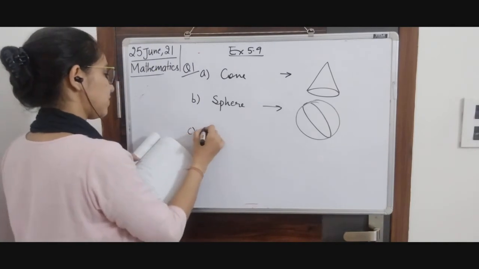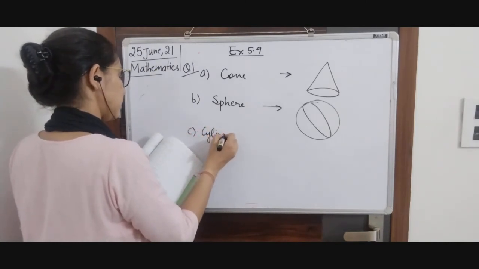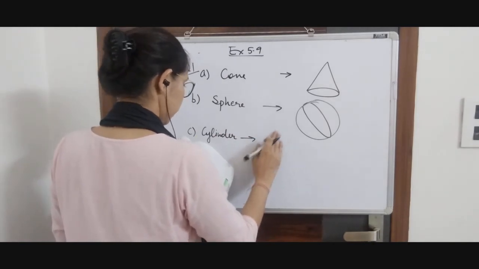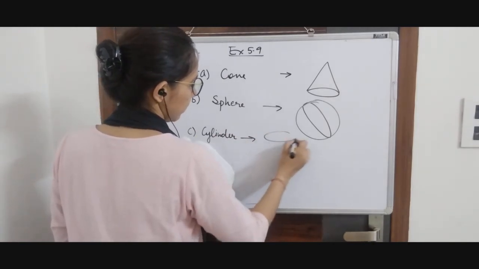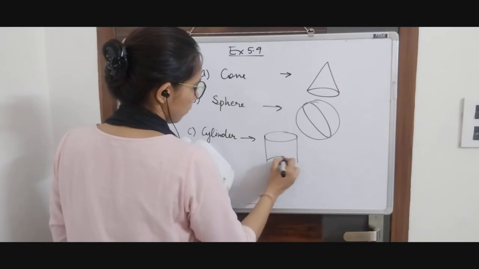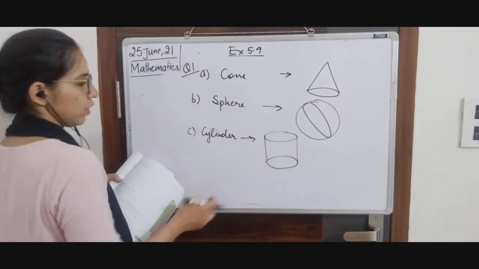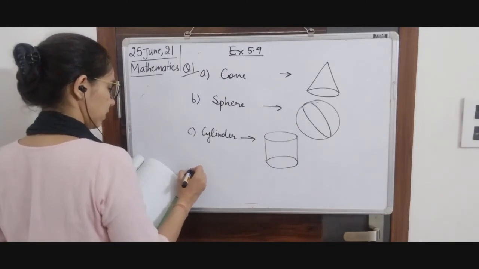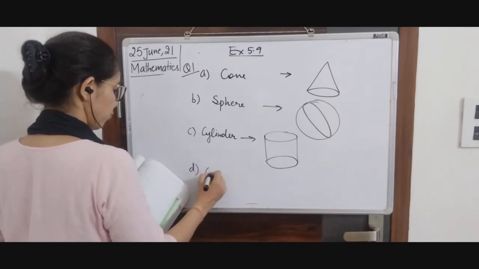Then we have cylinder. Cylinder is like your roller. So it is kind of like this figure, cylinder: 2 circles as bases and then a rectangle. D. Cuboid.